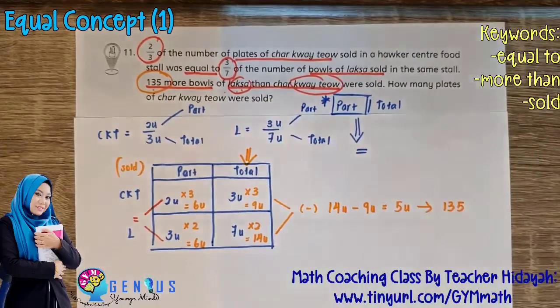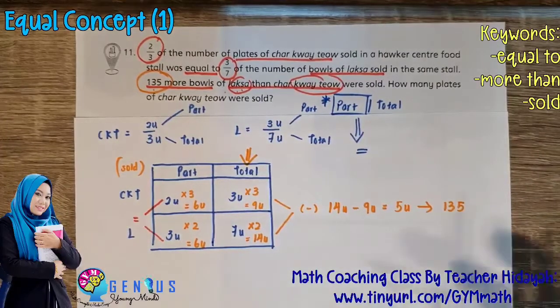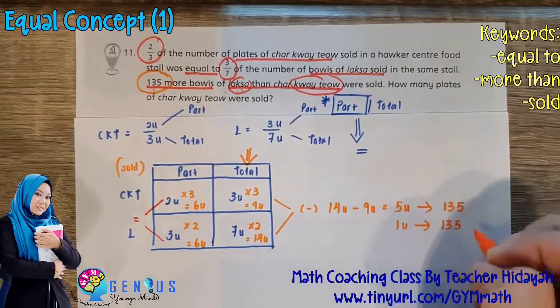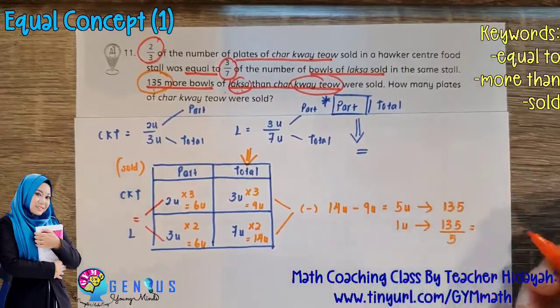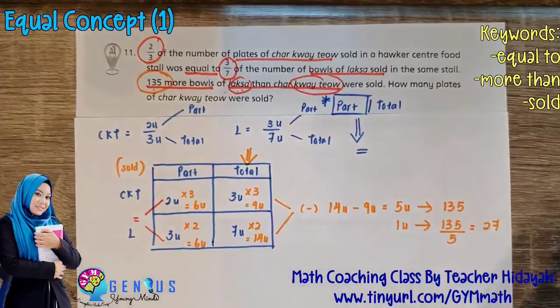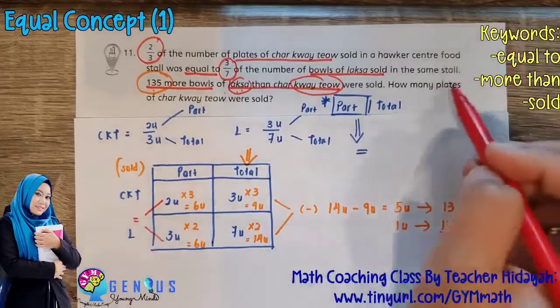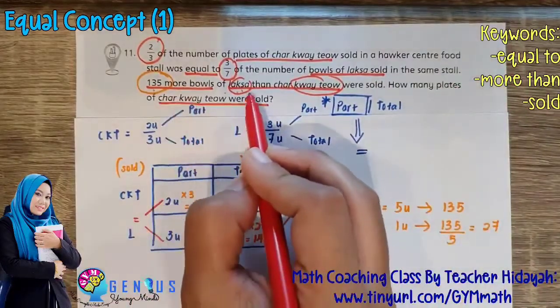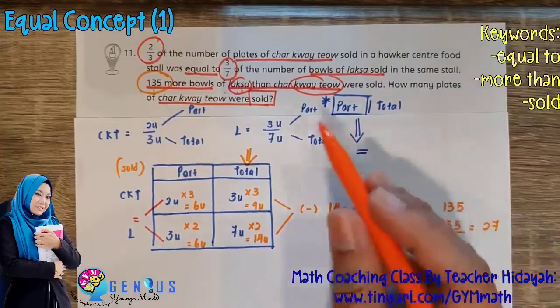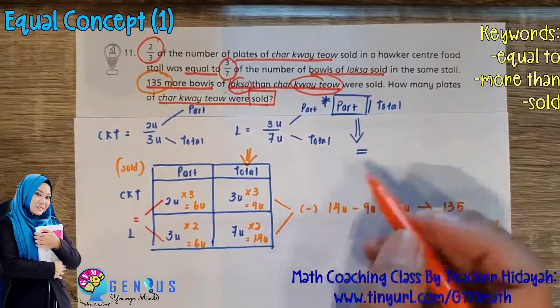Okay, so what do we do next from this question? We go and find out your 1 unit. So 1 unit is 135 divided by 5, and this will give me 27. I want to know how many plates of char kway teow were sold.